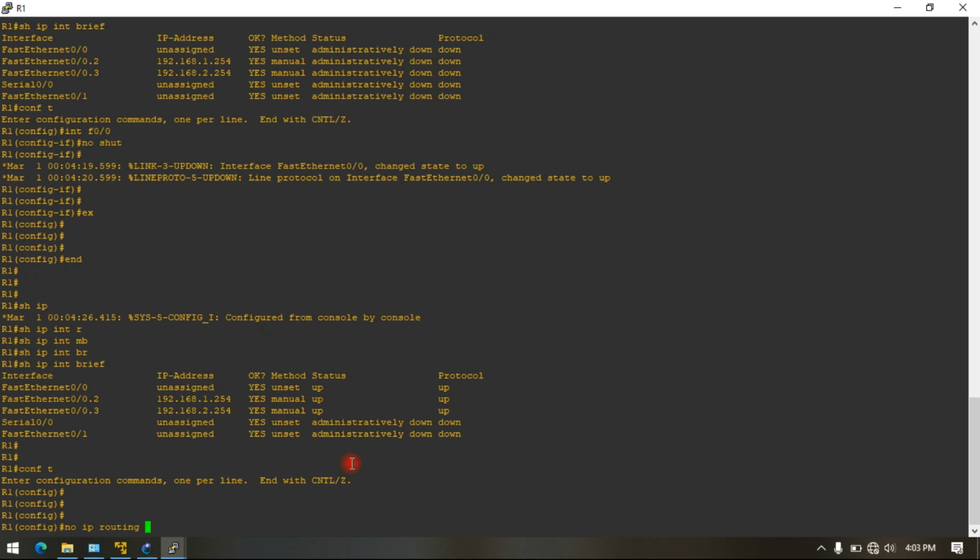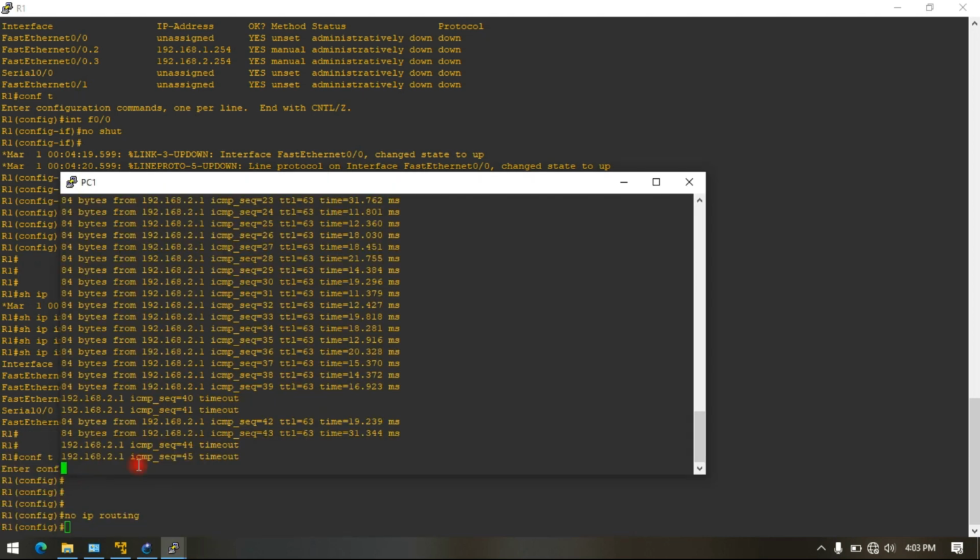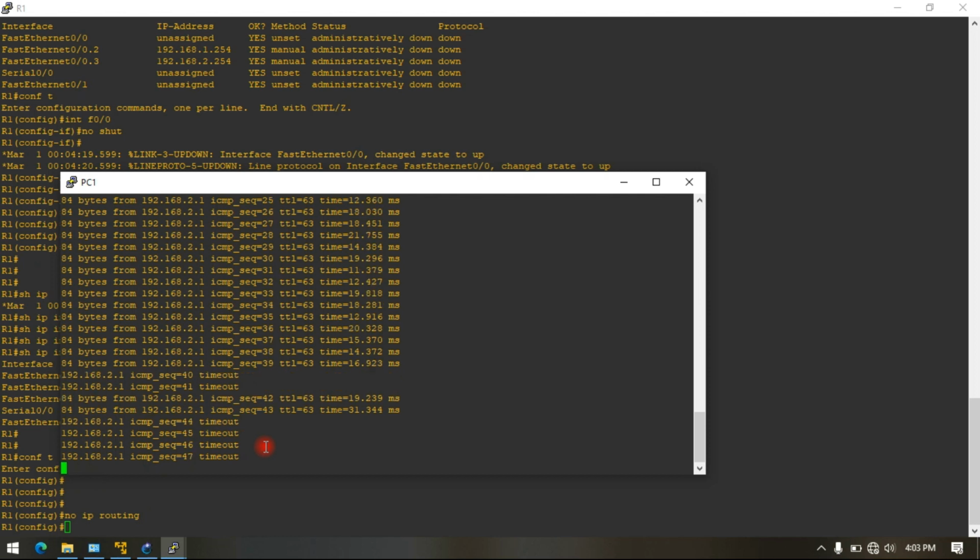So if I type no ip routing, you will notice that the packets are dropping from PC1 to PC2, and there we go. The packets are dropping because there is no routing taking place between these logical networks, that is from VLAN 2 to VLAN 3.